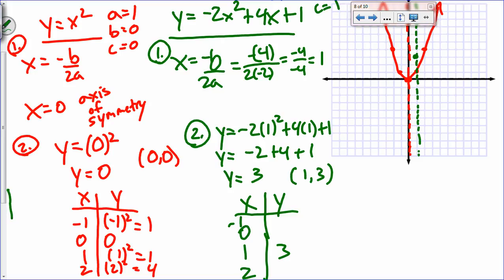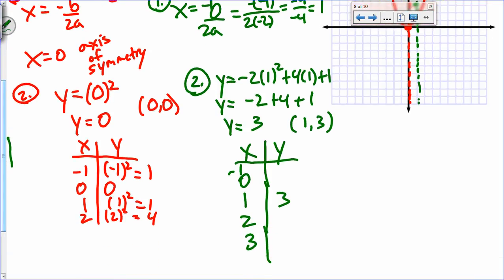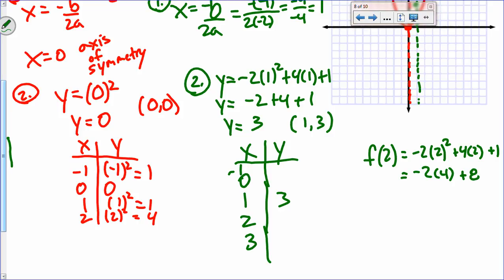Okay? So plugging these in, let's plug in 2 and 3 first. So f of 2 is equal to -2 times 2 squared plus 4 times 2 plus 1. That is -2 times 4 plus 8 plus 1.